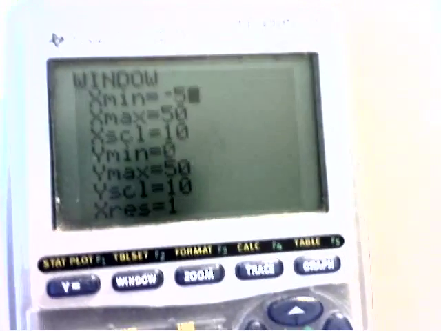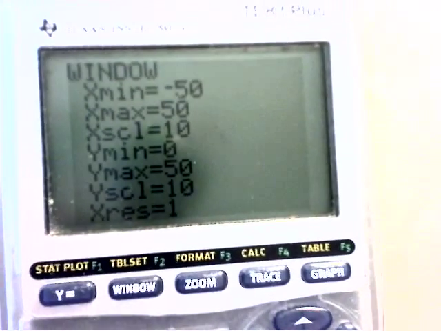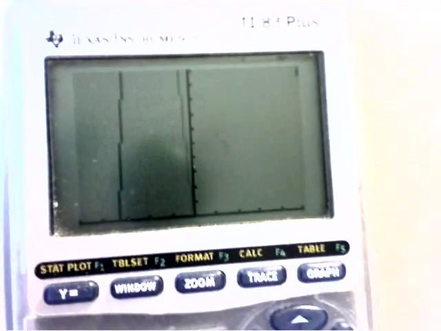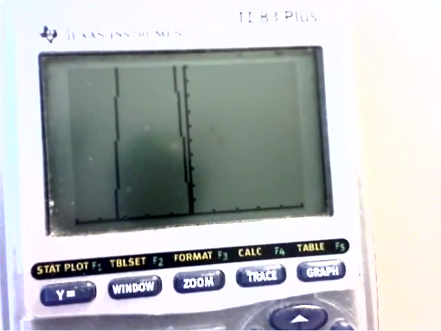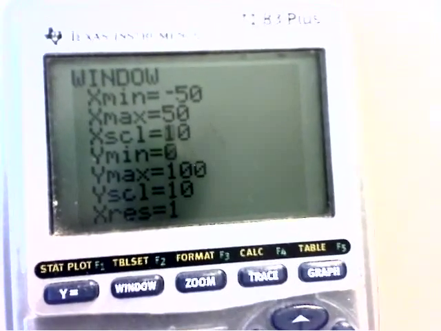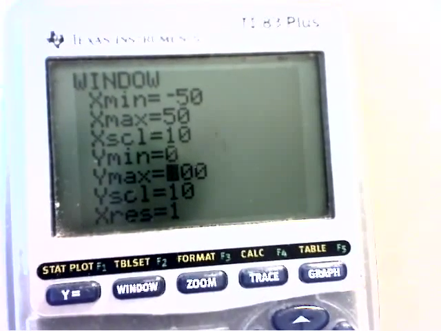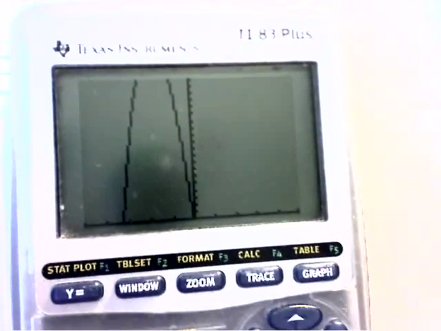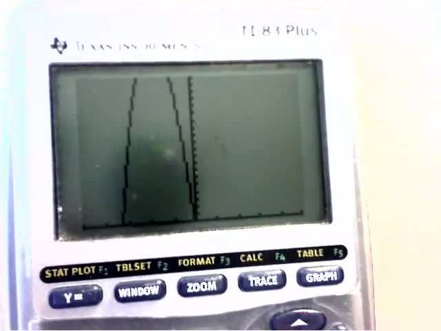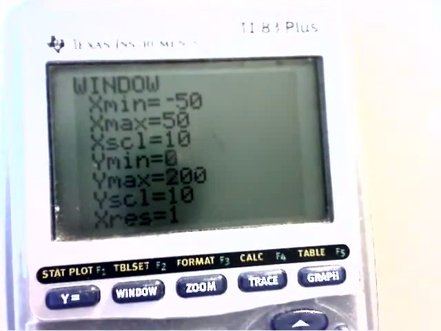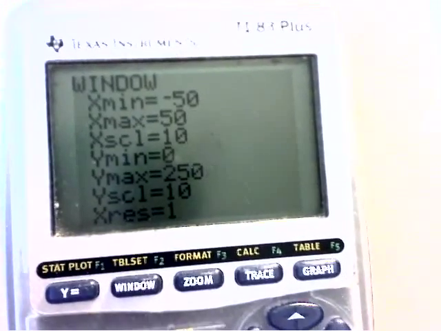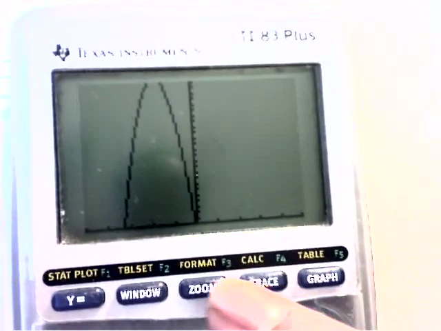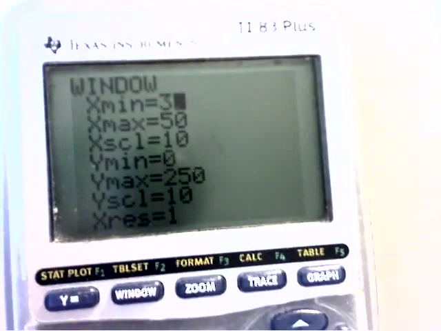Let's keep it at negative 50, but I need to change the y's to 100. Okay, if I increase it to 200, okay, that's a little bit better. Let's try 250. Go back to window. Okay, let's try 300 to get the whole thing.